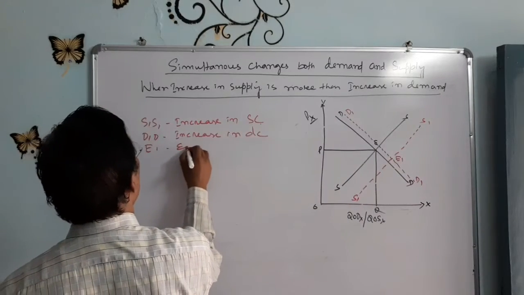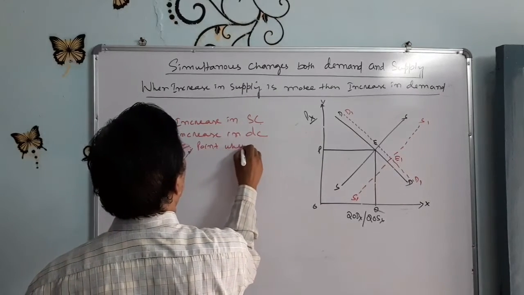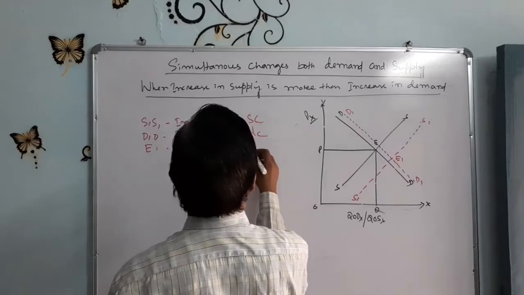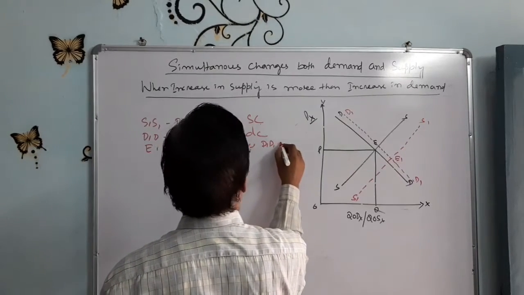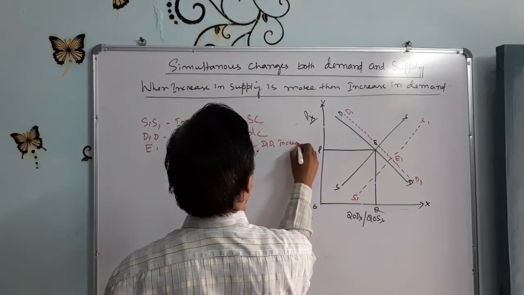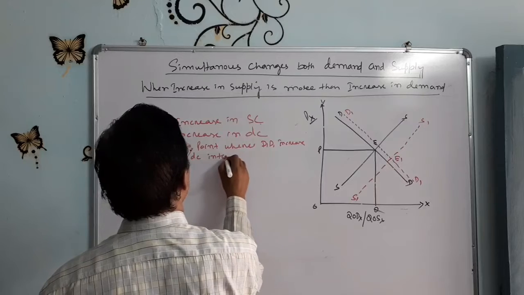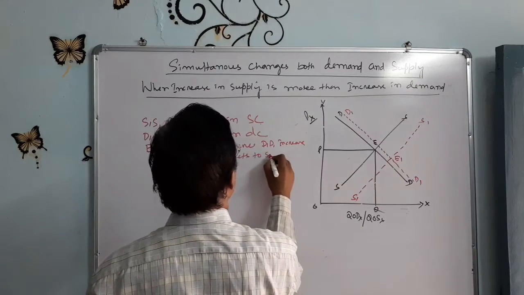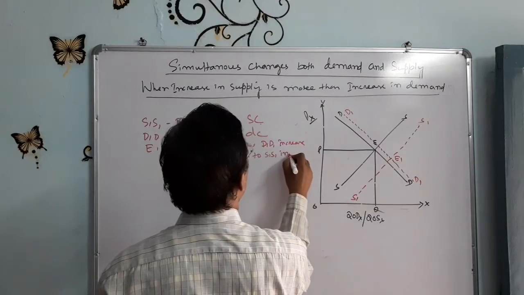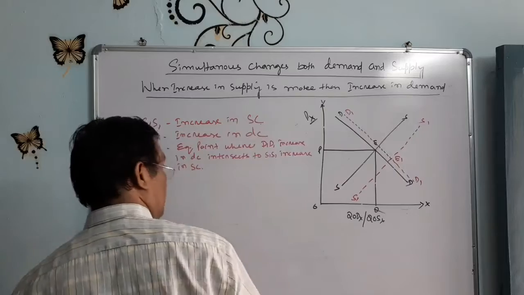E1 is the equilibrium point where the D1 increase in demand curve intersects the S1 increase in supply curve, as per our diagram.